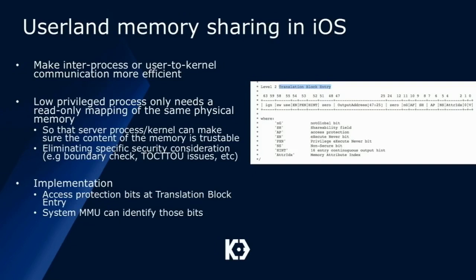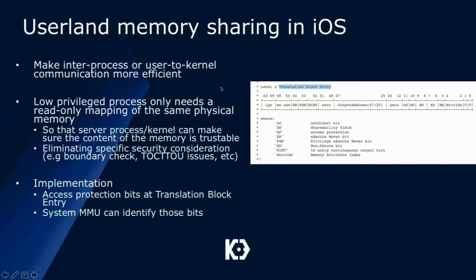In that way, the server process or the kernel who owns that memory can trust it, because it is the only one who can modify it, while the client process can only have read-only access, so it is not possible to change the memory.